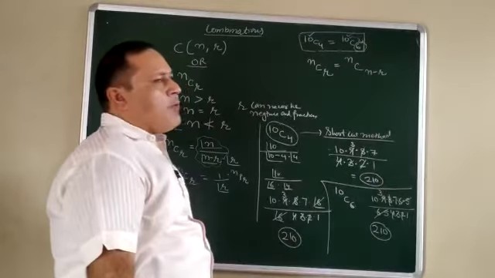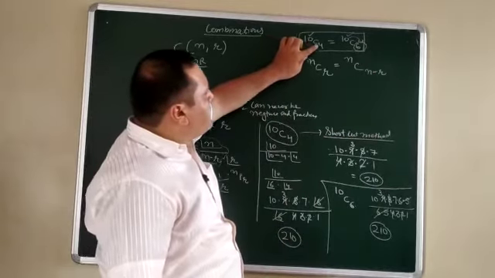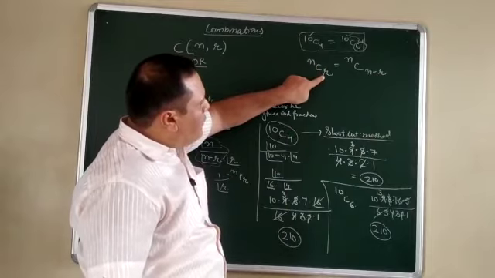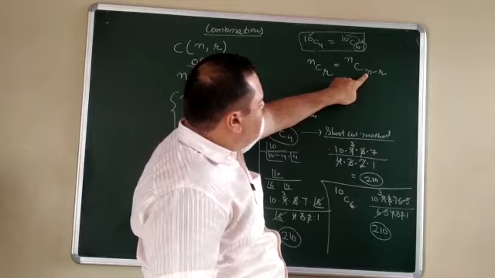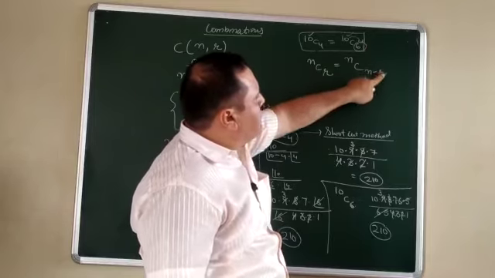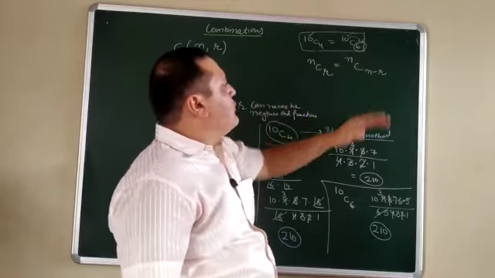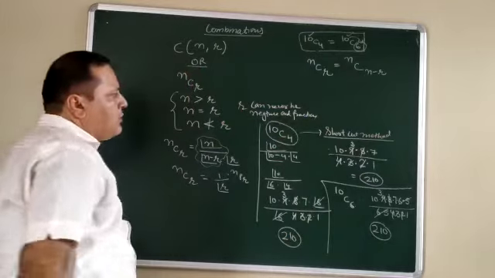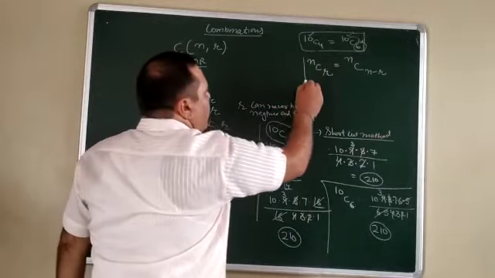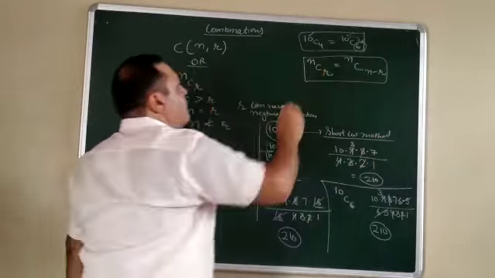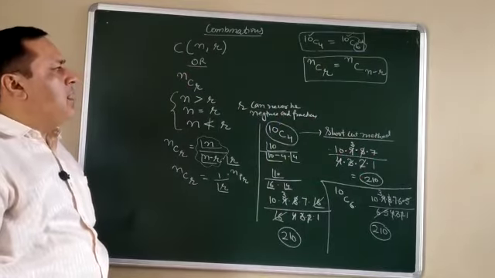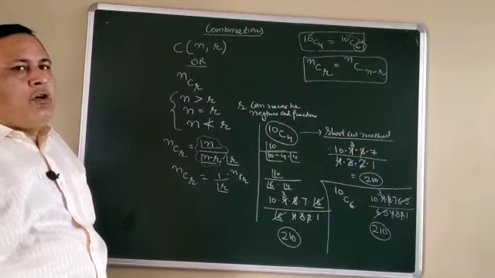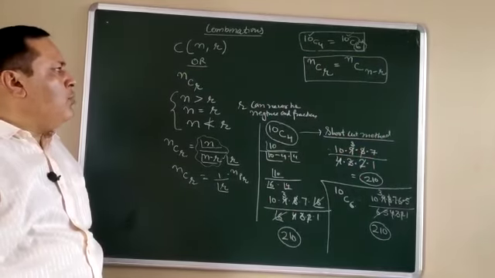This is the property. 10C4 is 10C(10 minus 6), that is 4. So both give the same result as you observe. So this is the property that nCr is equal to nC(n minus r). This is the first property of combination, and it is a way to open a combination.